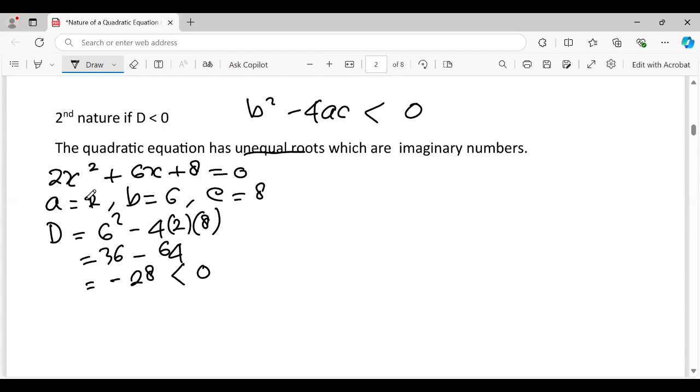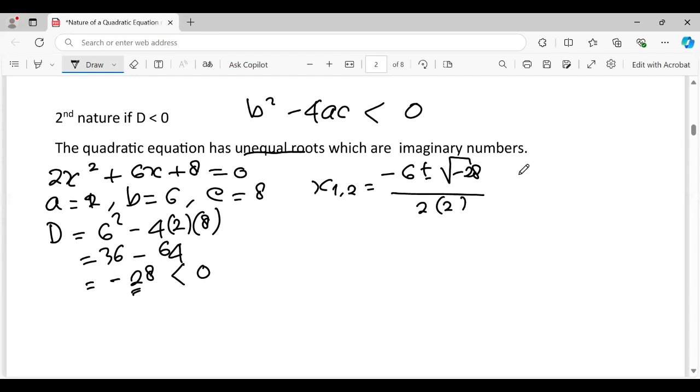Let's prove this. So if discriminant equals minus 28, it means x1 and x2 equals minus 6 plus minus square root of minus 28 over 2 multiply 2.